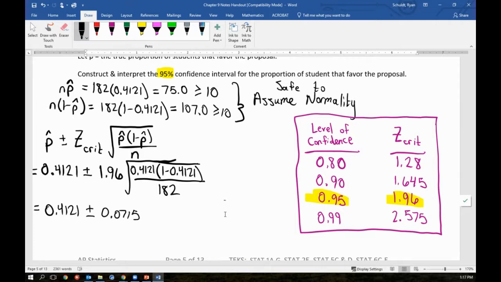Okay, so now once we have our interval simplified, if you will, we still don't want to leave our answer like that. We need to actually break these up into their individual pieces and calculate them. So we're going to have our low piece, 0.4121 minus 0.0715. And then we have the high end, 0.4121 plus 0.0715.